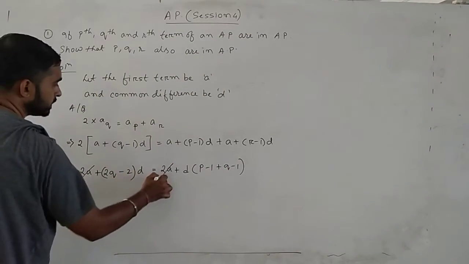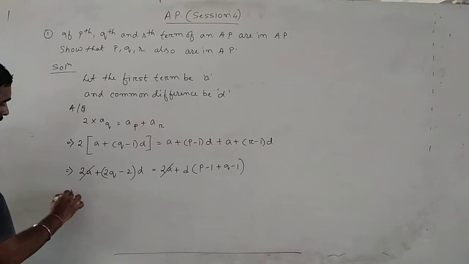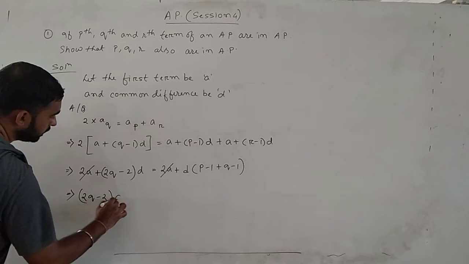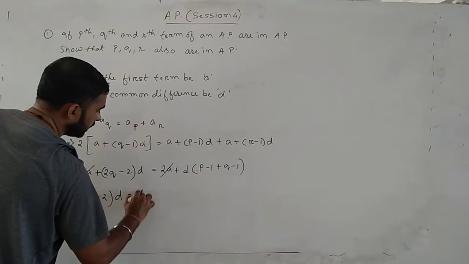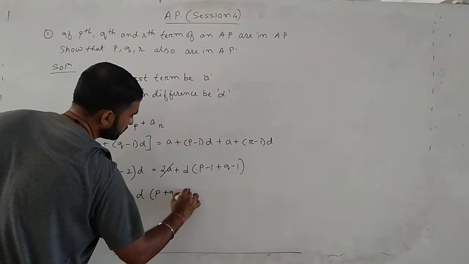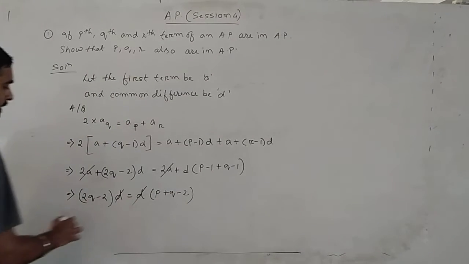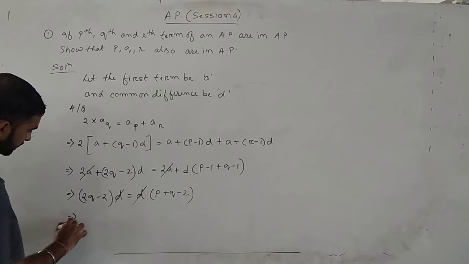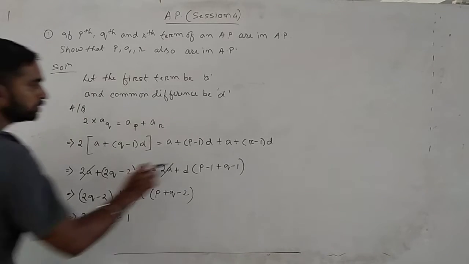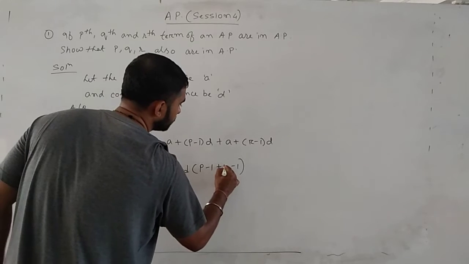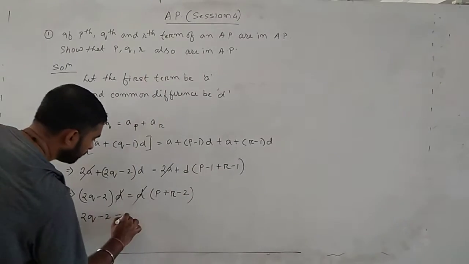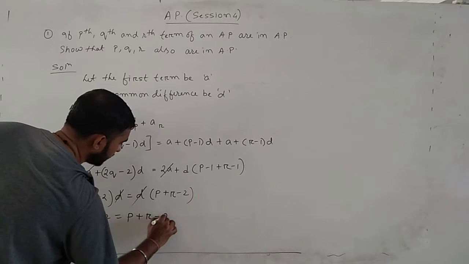Both sides twice A cancel. So twice Q minus 2 into D equals D into P plus R minus 2. Again, both sides D cancel, which implies twice Q minus 2 equals P plus R minus 2.